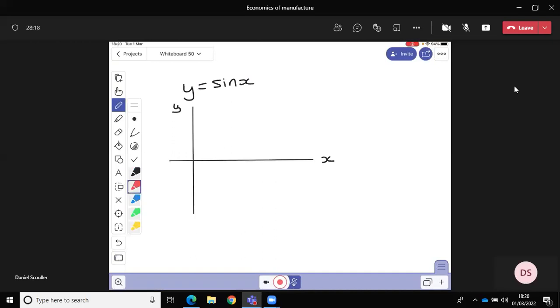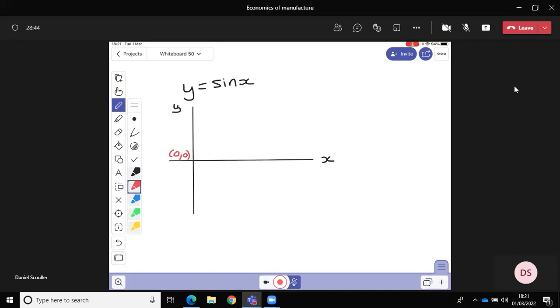You need to identify where the 0 point is. The 0 point is always where these two axes cross over, where your x-axis crosses your y-axis. At this point here, that's always the 0, 0 coordinate.